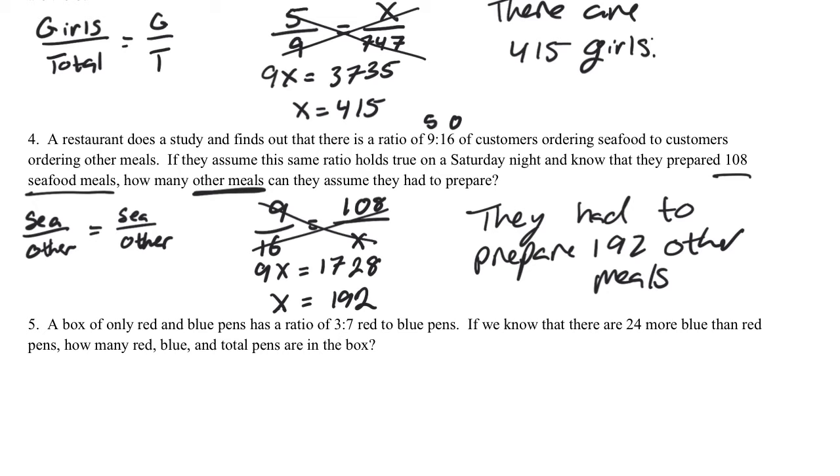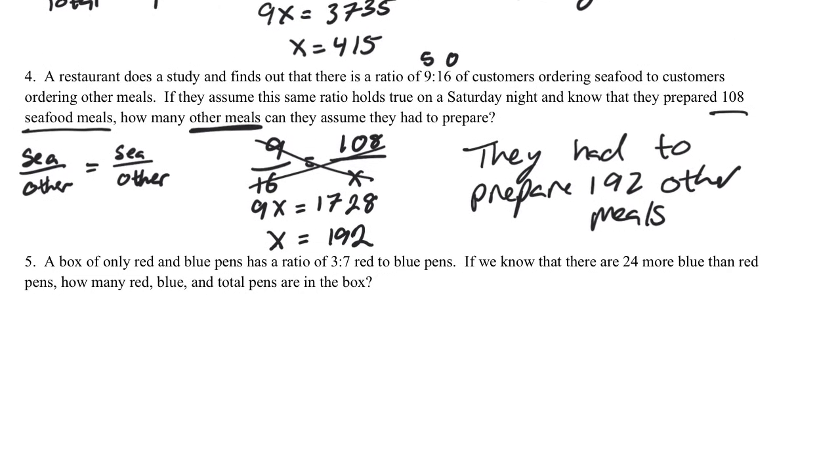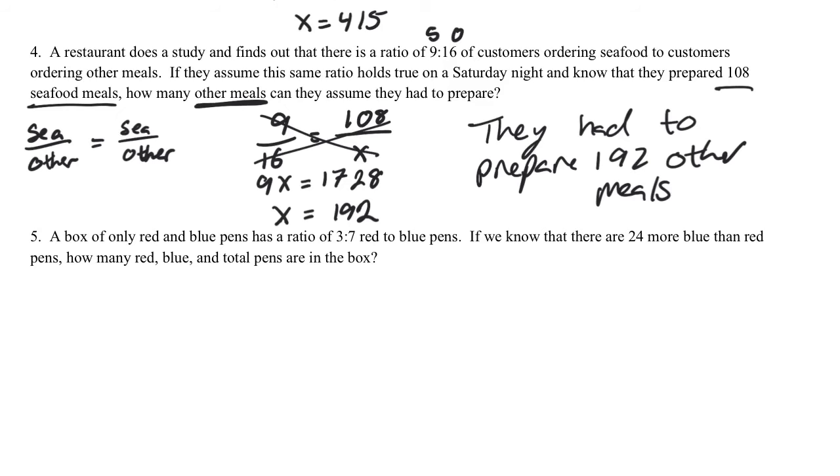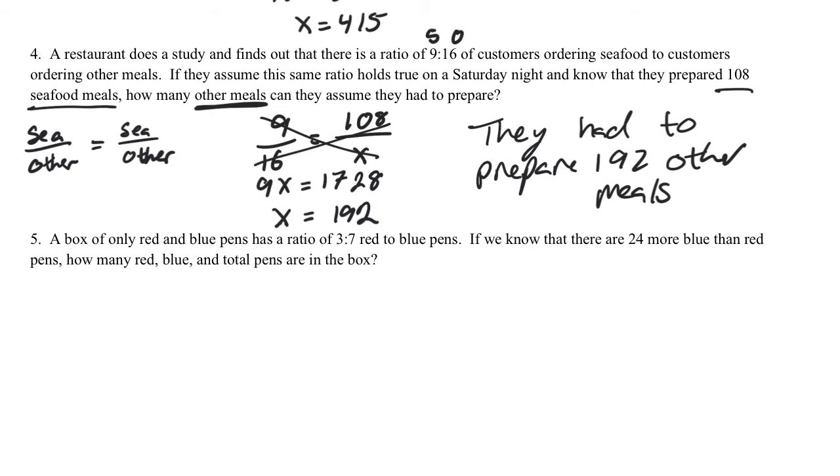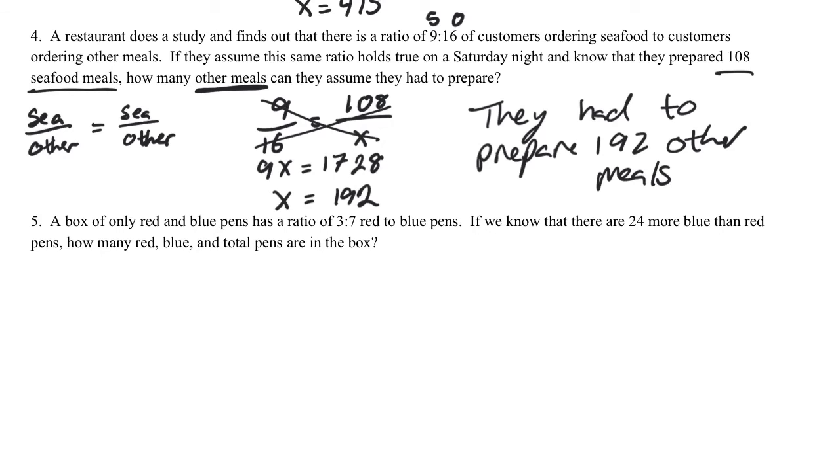Okay, last problem. This one's going to be a little bit different. So we're going to have to use some skills that we learned back in our last video with linear real world applications. So let's take a look at this. A box of only red and blue pens has a ratio of 3 to 7. So that's red to blue.